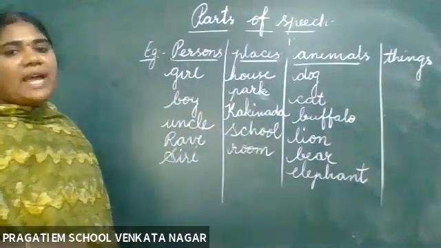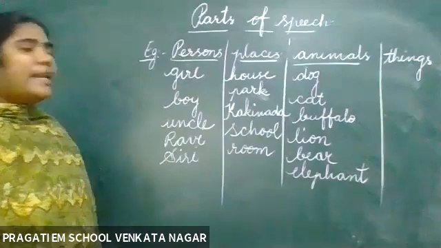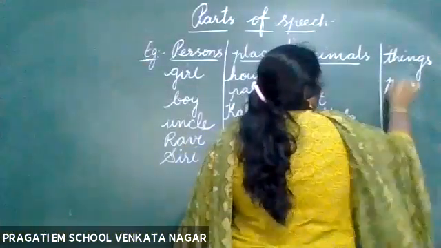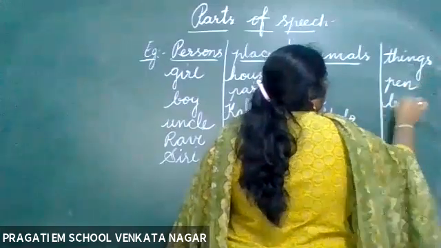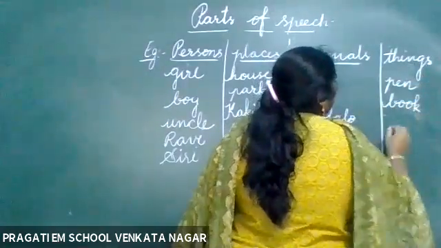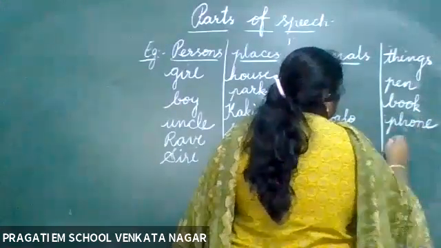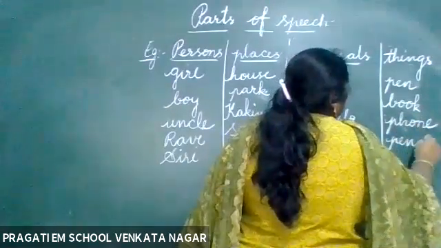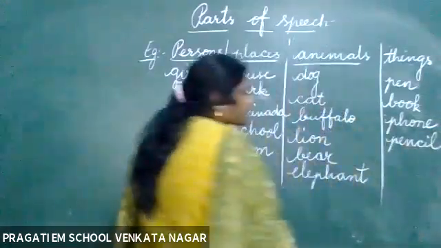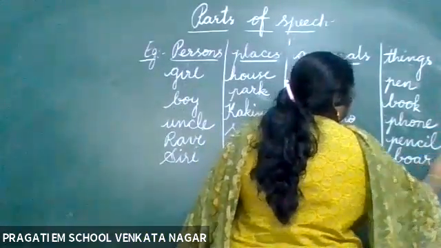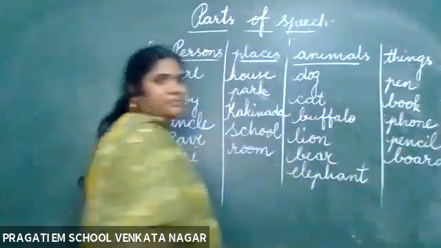These are the names of animals, etc. Next, coming to the things. What are the things you are using now? Pen, book, even phone also. Phone, pencil, board, etc.